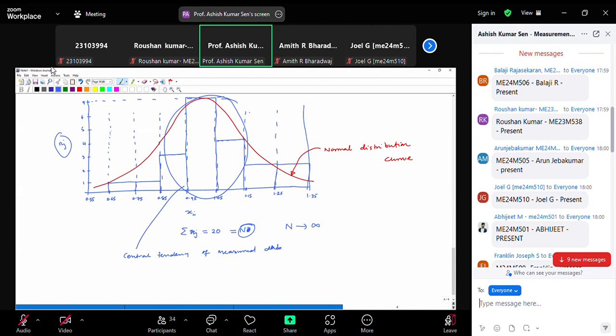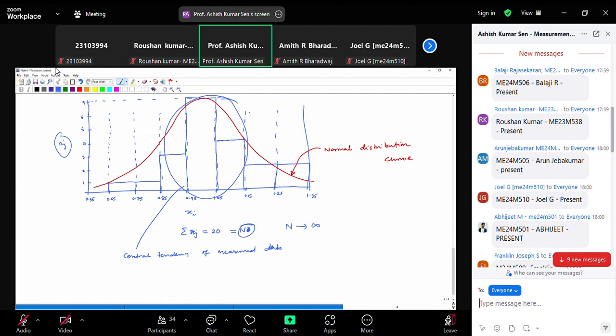Any carefully conducted experimental data should exhibit a central tendency. That means most of the data should fall around the mean value, where the frequency of occurrence is very high. That is where most of the data should lie.